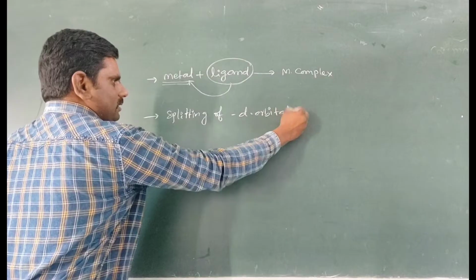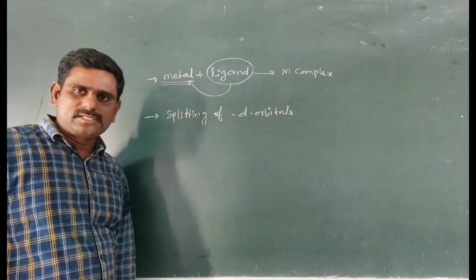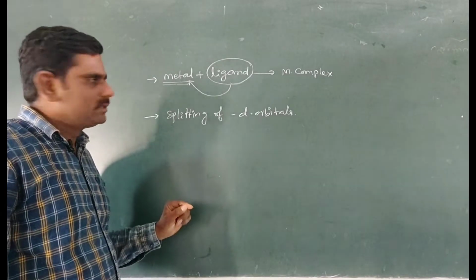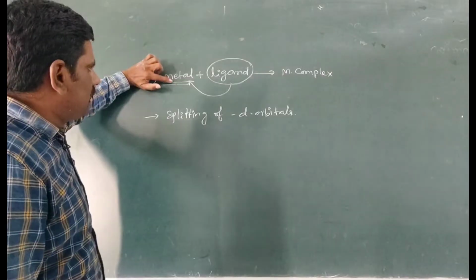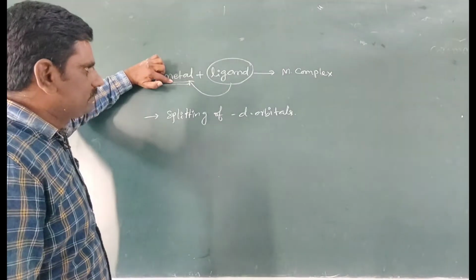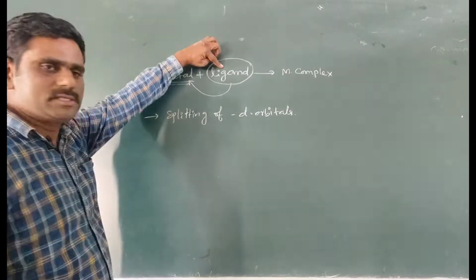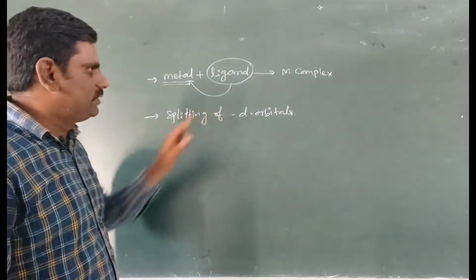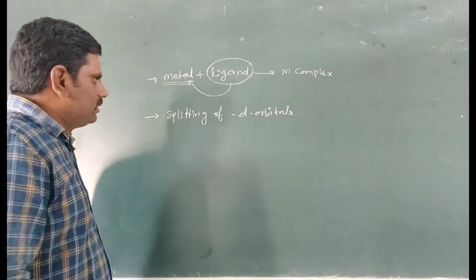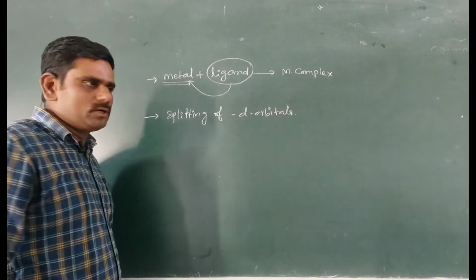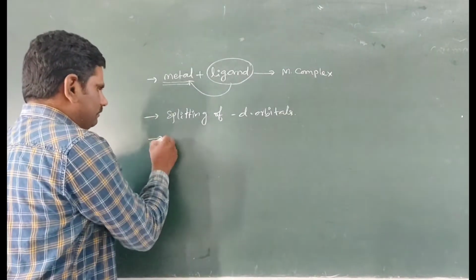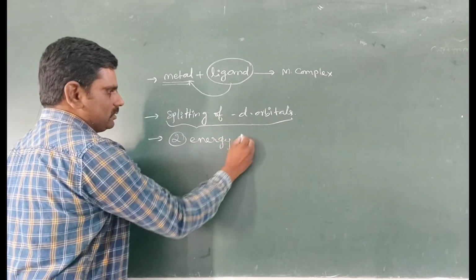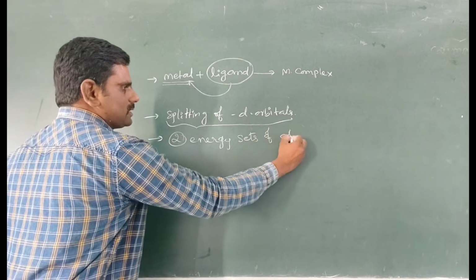Why does splitting of d orbitals take place? It takes place by the repulsion between electrons present in the orbitals of the metal ion and electrons present in the orbitals of the ligand. Due to the splitting of d orbitals, 2 energy sets of orbitals are formed.